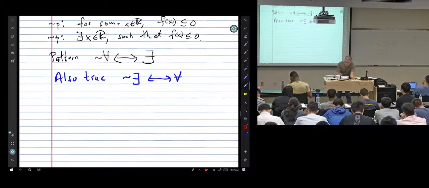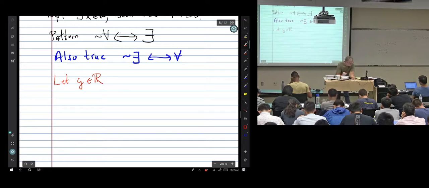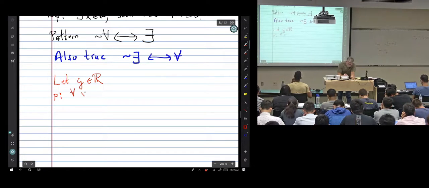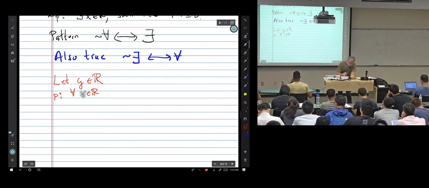So let's do another one. Okay. Another example. Let y be in the reals. And then P is this. For every X in the reals, no, sorry, it's a delta, sorry.